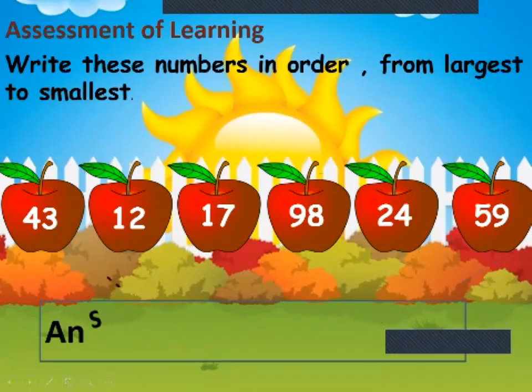I'll read the questions. It's 43, 12, 17, 98, 24, 59. You are arranging from big number to small number. So the first answer is 98.